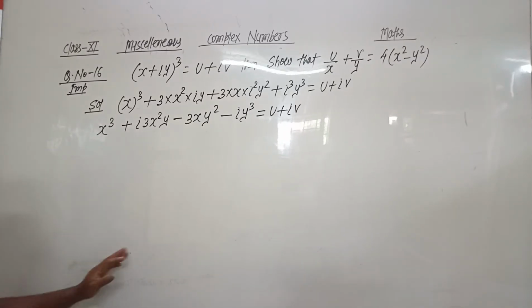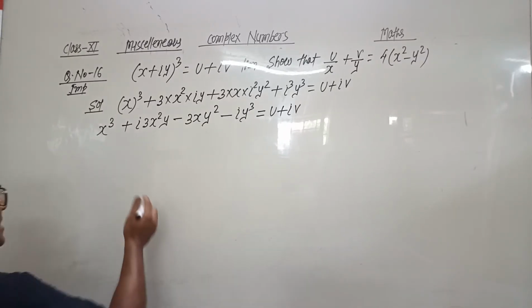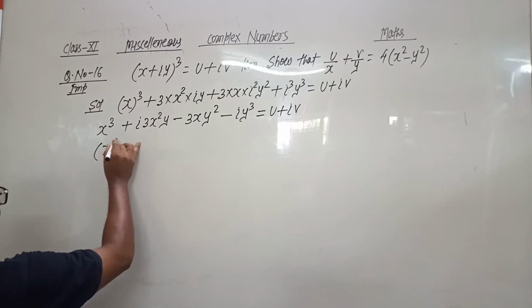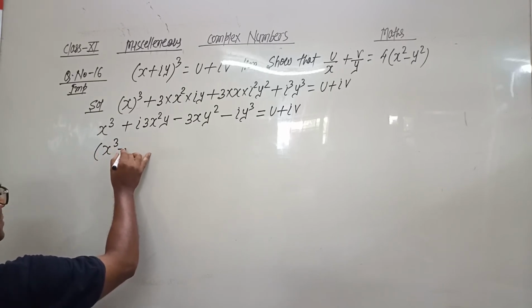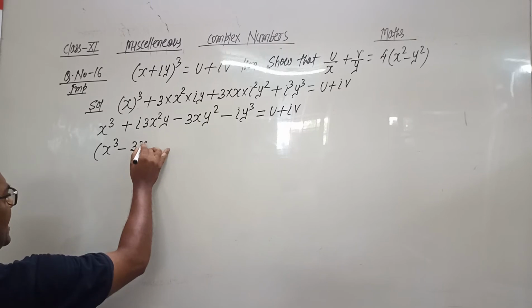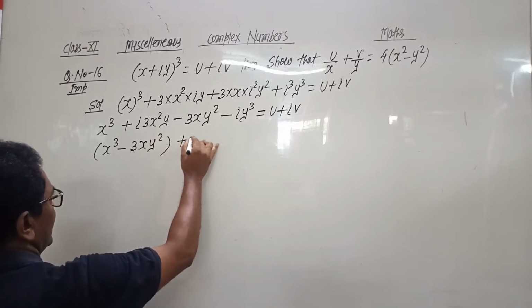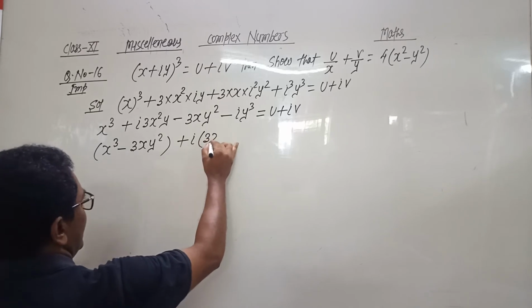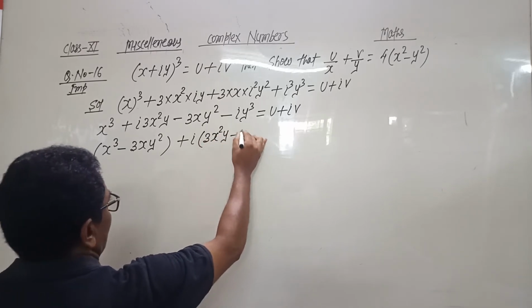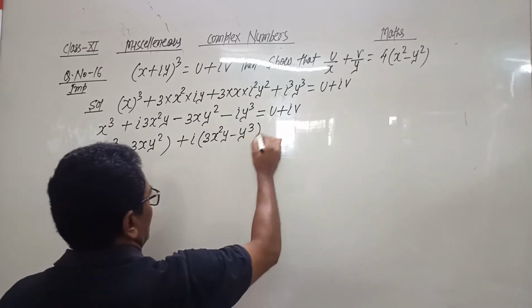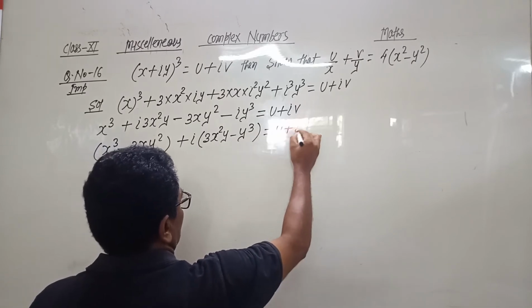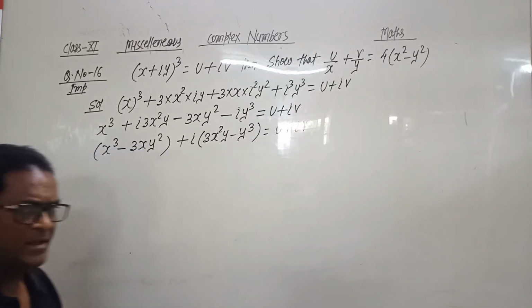Now we write together the real part and imaginary part. So the real part is x cube minus 3xy square, and iota is taken common, so 3x square y minus y cube, and this is equals to u plus iota v.